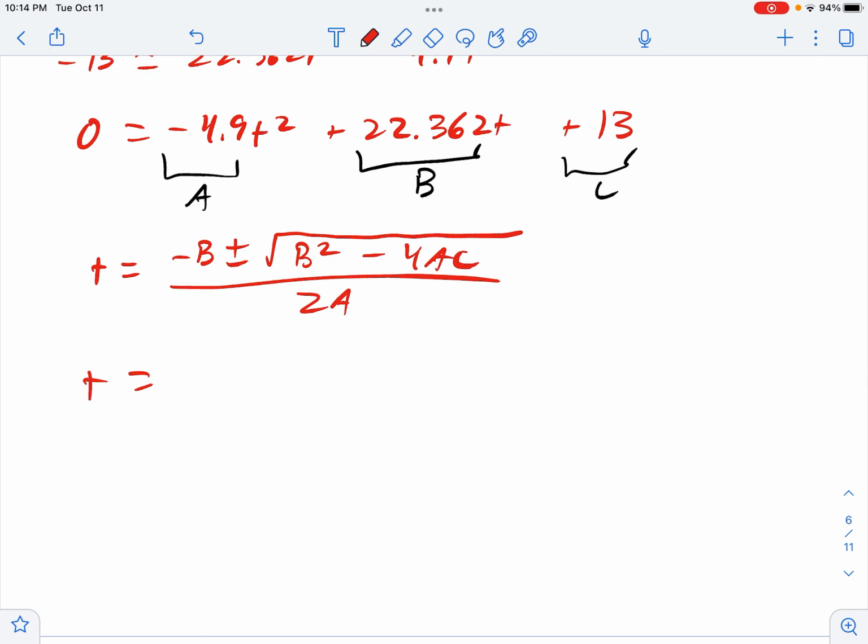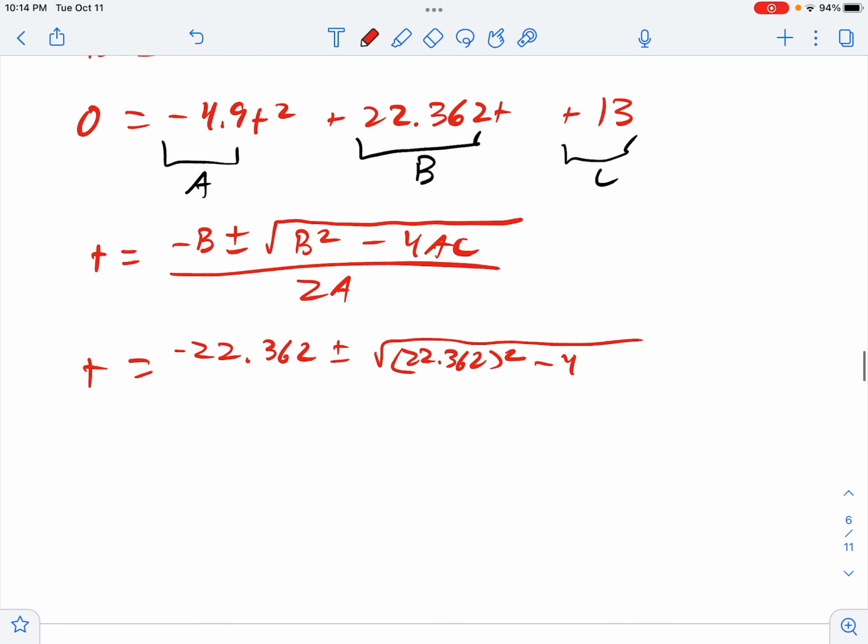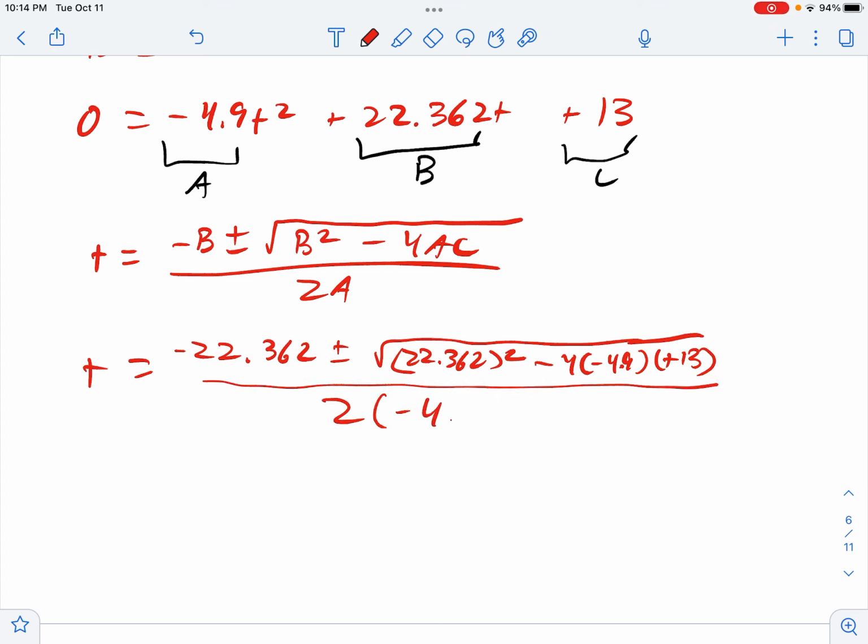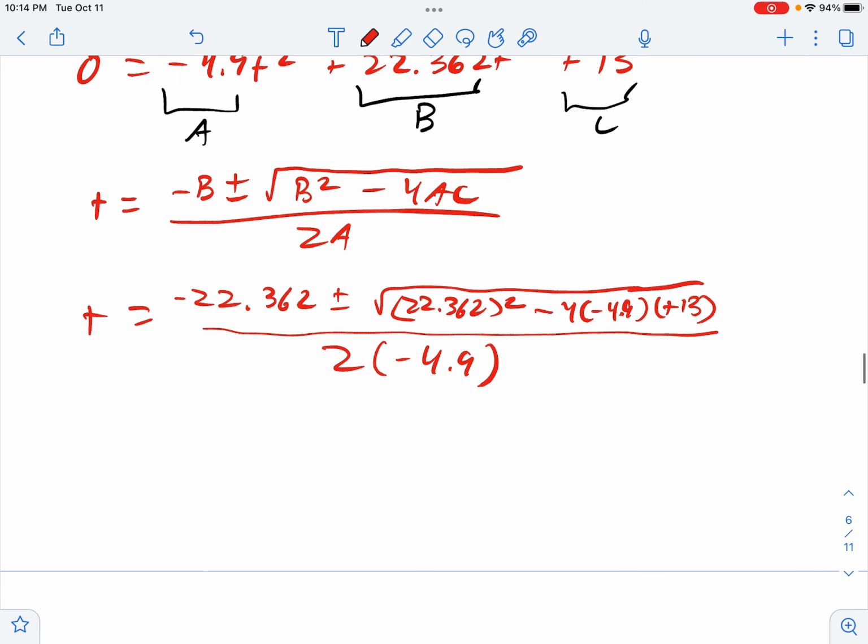So I plug in negative 22.362 plus or minus the square root of 22.362 squared minus 4 times negative 4.9 times positive 13. So it's going to change what's underneath that radical, which means that we're going to wind up with two different values for our time.